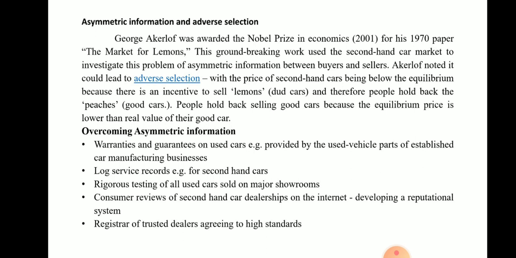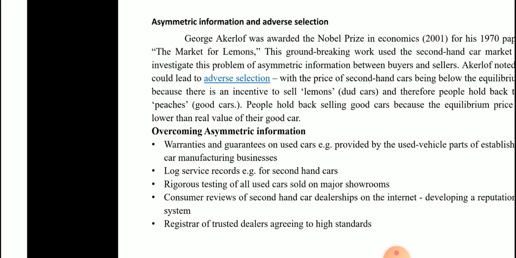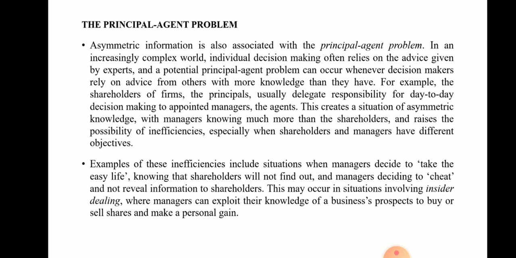Fourth one is consumer reviews of second hand car dealerships. And next one is a register of trusted dealers agreeing to a higher standard. So these are various measures that can be taken to overcome asymmetric information.